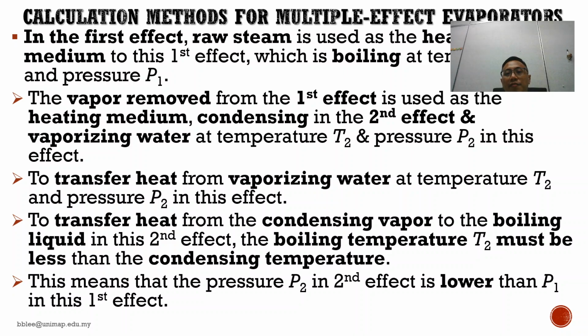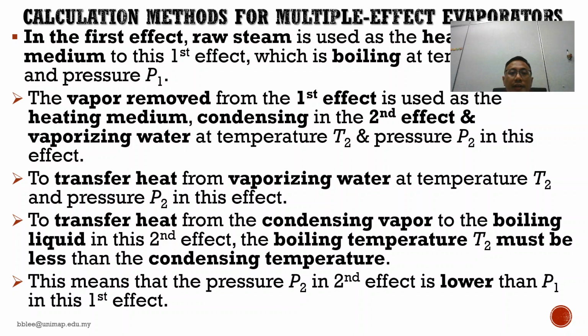The vapor removed from the first effect is used as the heating medium, condensing in the second effect and vaporizing water at temperature T2 and pressure P2 in this effect. So the vapor coming out of the first effect will be the heating medium for the second effect.